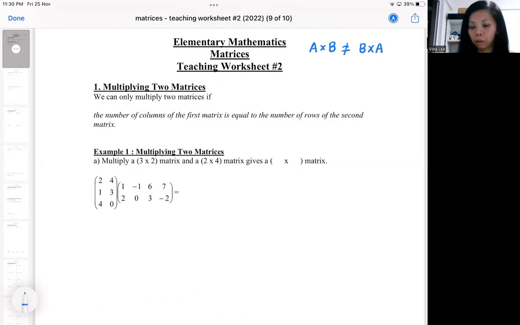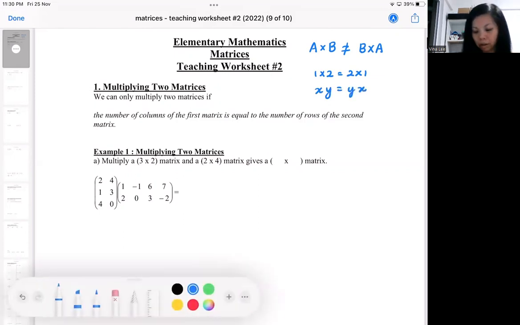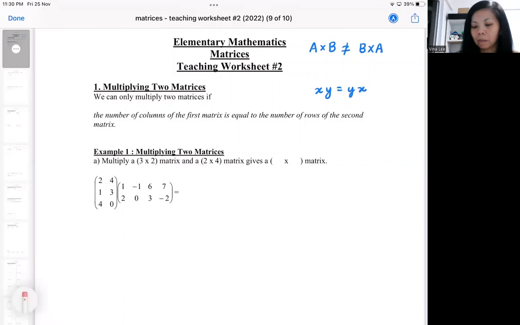In numbers, 1 times 2 is the same as 2 times 1, and in algebra, xy is the same as yx. But in matrices, it doesn't happen this way. So it matters how we arrange the order of the matrices in the multiplication.